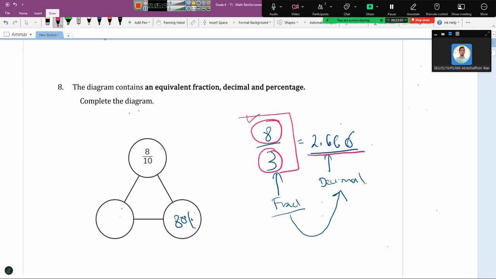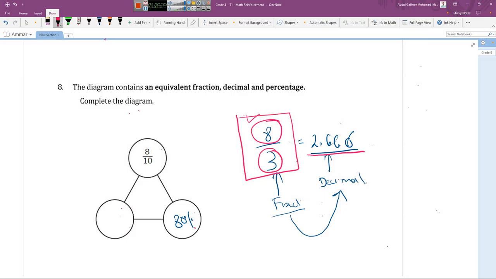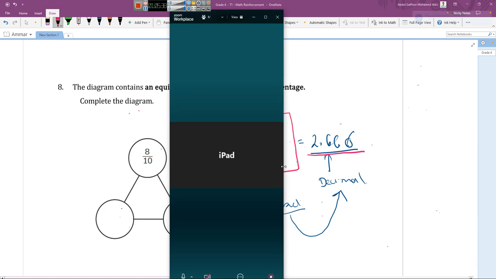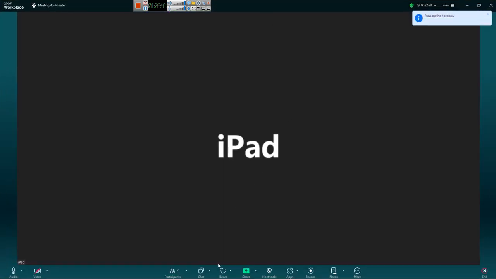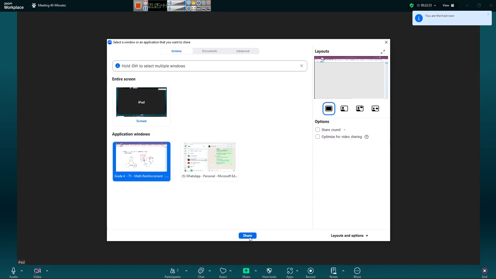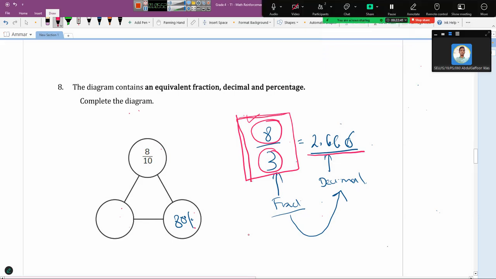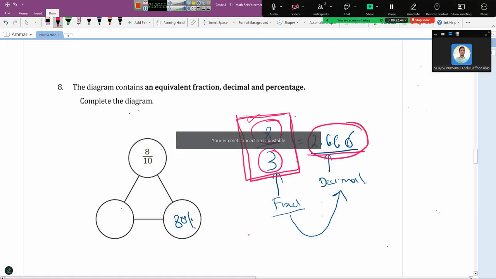Now this is absolutely a fraction, and this is a decimal number. We converted this fraction to decimal, right?